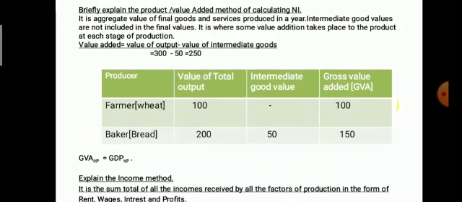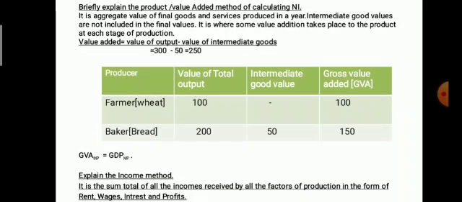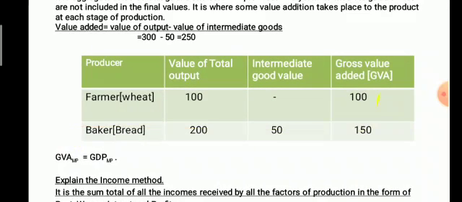This is called the product method. I have explained it in the previous class as well. So GVA at market price, meaning the prevailing prices of the current year, is equal to GDP at market price, gross domestic product.